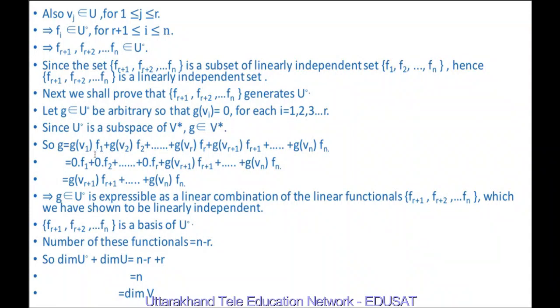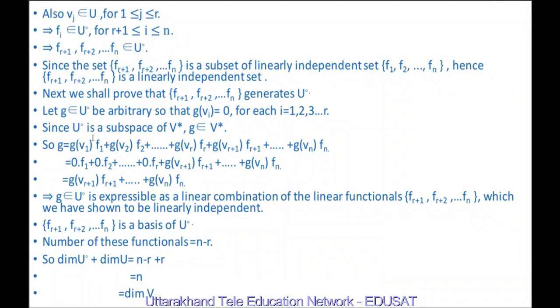And the basis set dual to v1, v2, ..., vn is f1, f2, ..., fn. Therefore, g can be written as g(v1) f1 plus g(v2) f2 plus ... plus g(vr) fr plus g(vr plus 1) f(r plus 1) plus ... plus g(vn) fn.